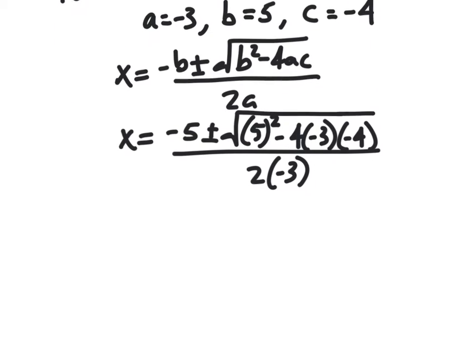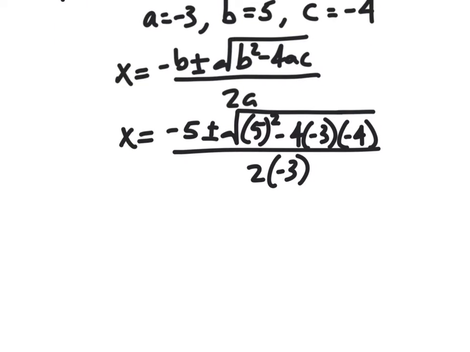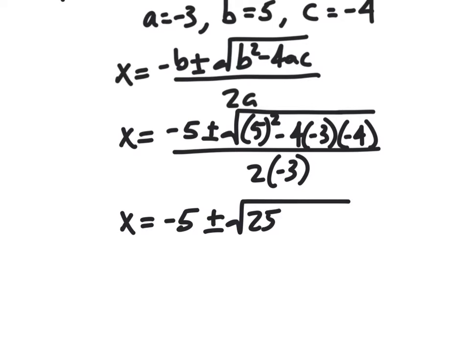So let's simplify this a little bit. We get x equals opposite 5 plus or minus the square root of 25 minus, and here we have 3 negatives multiplying together. A negative times a negative is a positive, but times another negative gives me a negative. 4 times 3 is 12, multiplied by another 4 gives 48.